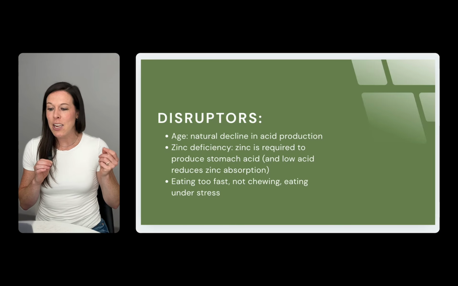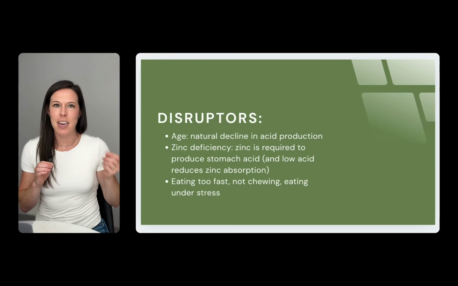Another thing is eating too fast, not chewing enough, and eating under stress. Again, this can lead to us staying in a sympathetic state versus getting our body into a parasympathetic state, and therefore can affect our stomach acid production.